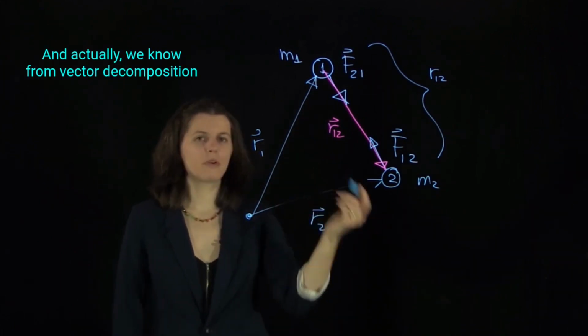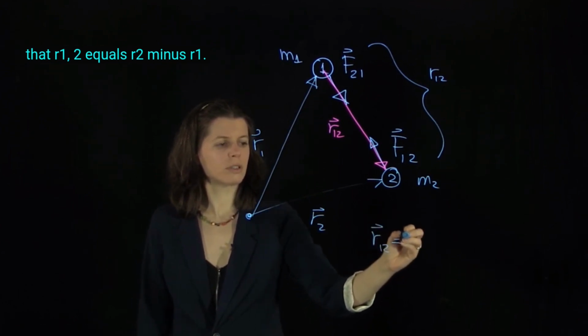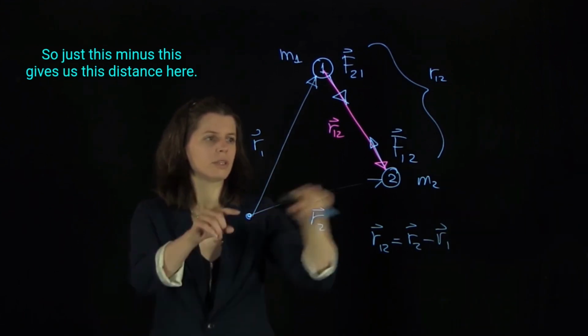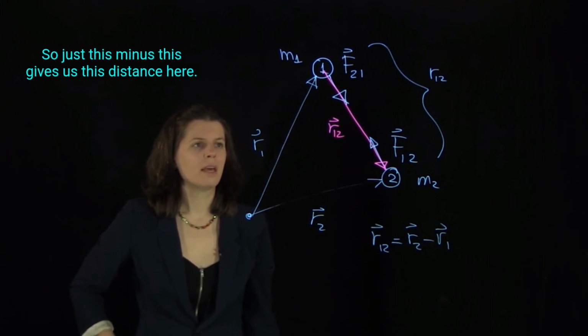And we know from vector decomposition that R12 equals R2 minus R1. So just this minus this gives us this distance here.